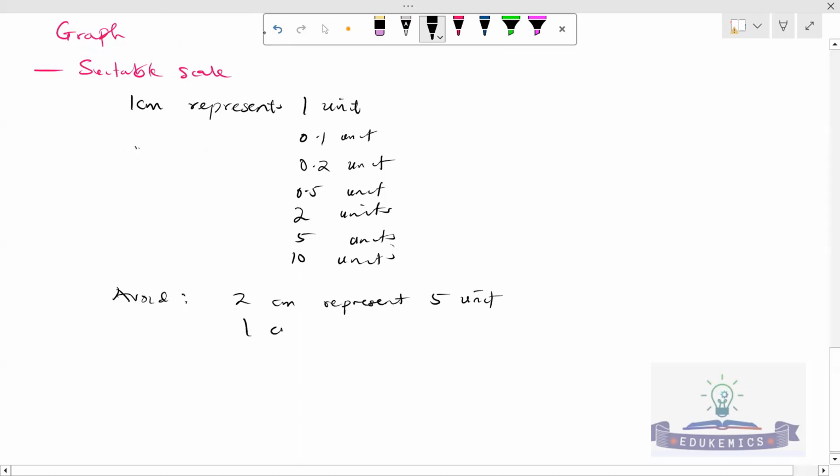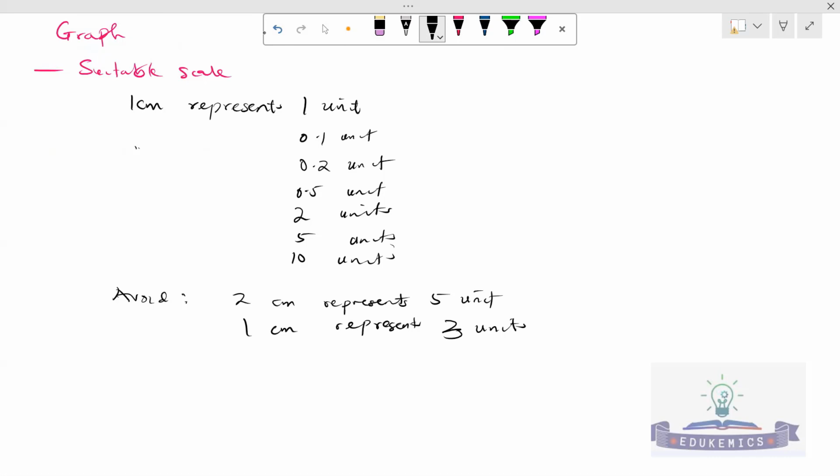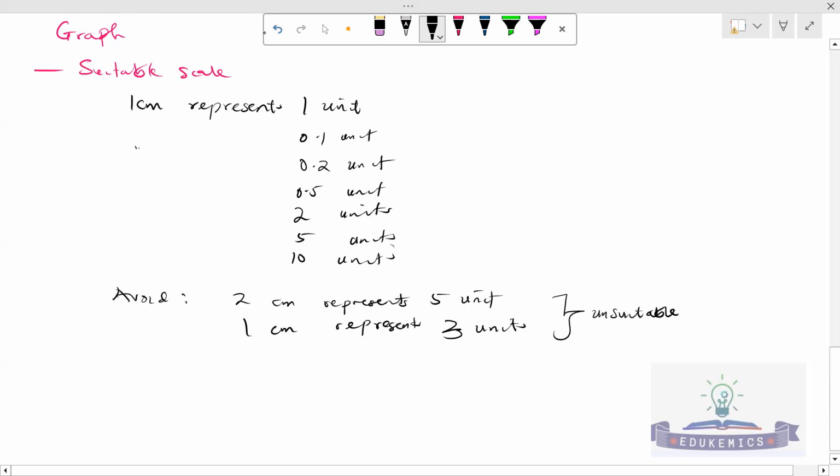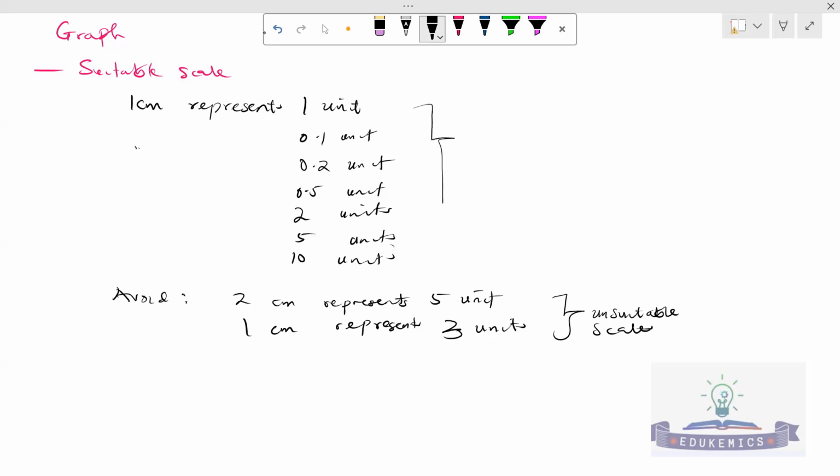Or 1 centimeter to represent 3 units, or its multiples. These are not suitable, so these are unsuitable scales. So avoid these ones. These are suitable scales.